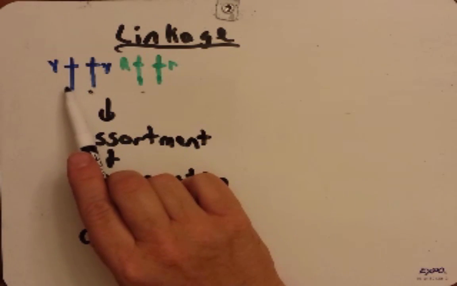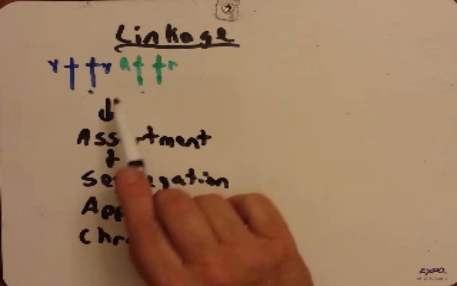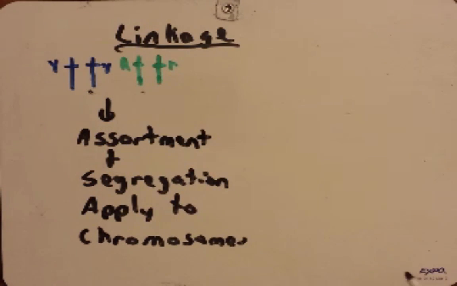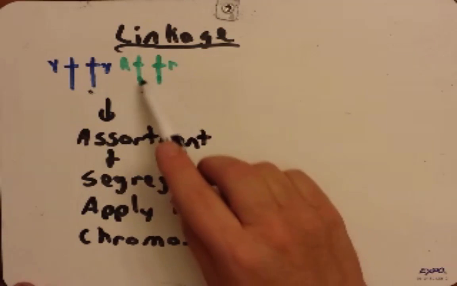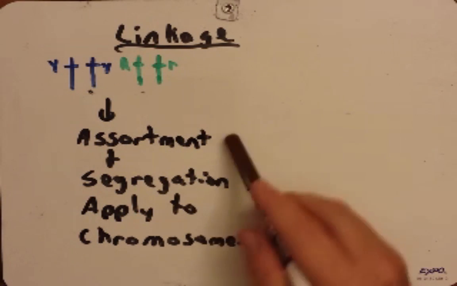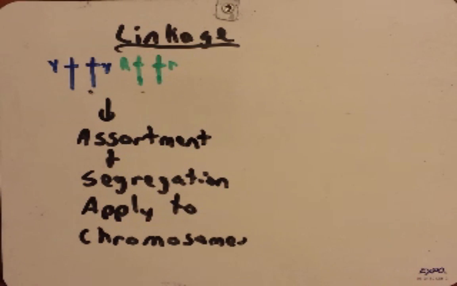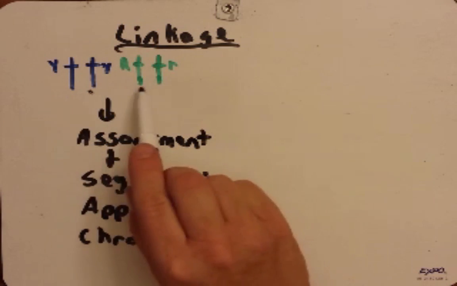They can either assort independently with this chromosome or with this chromosome. They don't necessarily specifically apply to the genes. It just so happens that the genes are on the chromosomes. But really these rules are all about the chromosomes. And so as long as the two genes you're looking at happen to be on different chromosomes, there's no problems at all. You would expect independent assortment of these two chromosomes and consequently the two genes.